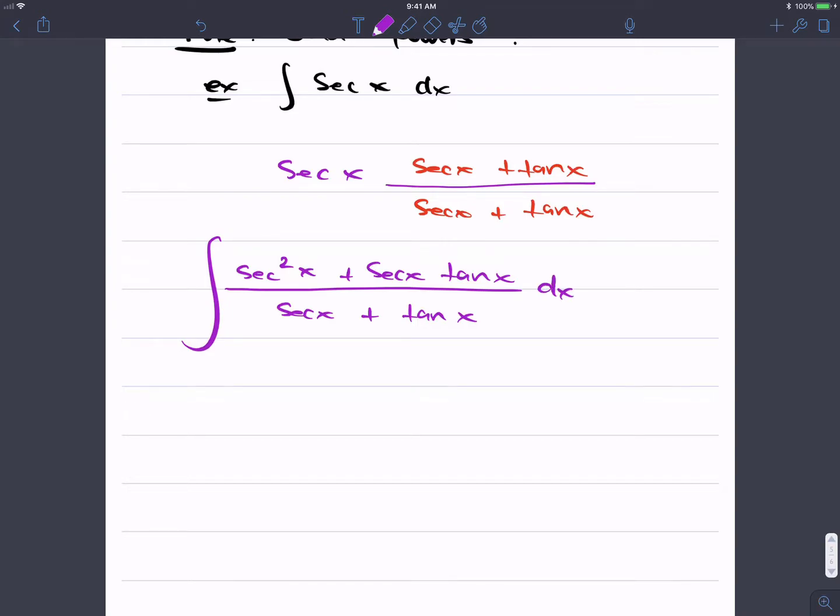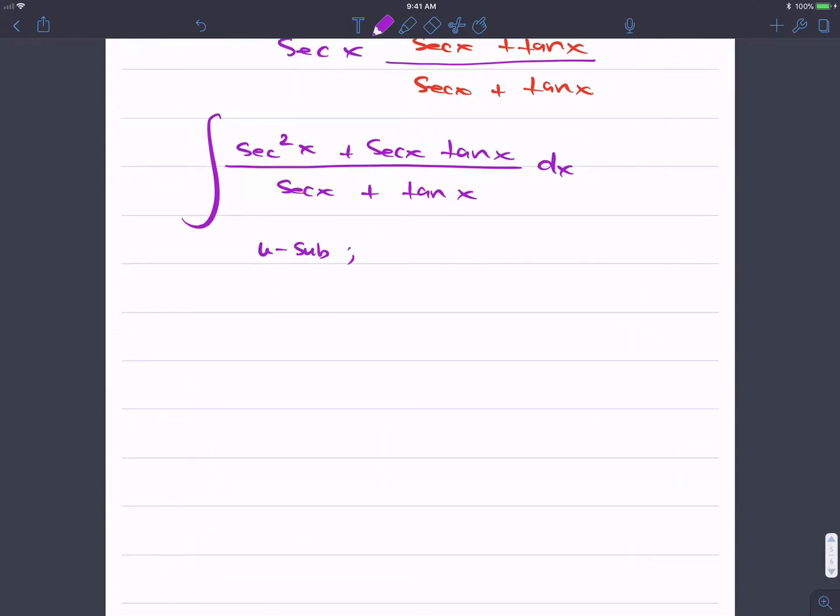Now we're going to use u-sub. You're going to let u be the sum of secant plus tangent. Automatically that gives you du, where the derivative of secant is secant tangent, and the derivative of tangent is secant squared, and that's a dx.